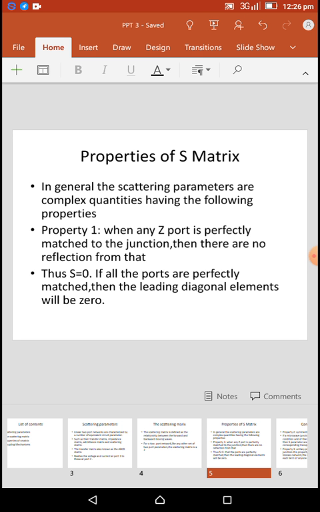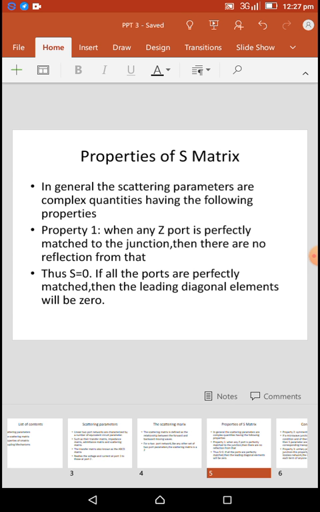Property 1: when any port is perfectly matched to the junction, then there are no reflections from that port. Thus, in the S matrix, if all the ports are perfectly matched, then the leading diagonal elements will all be 0.